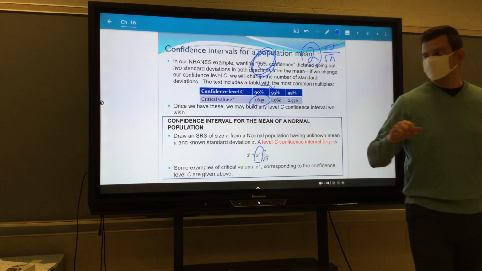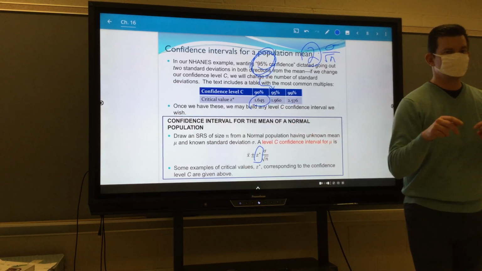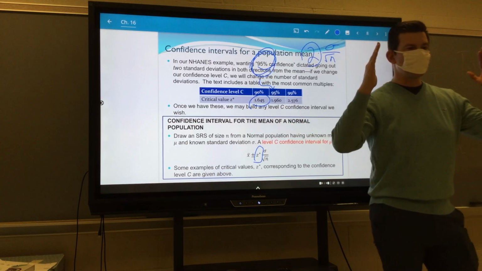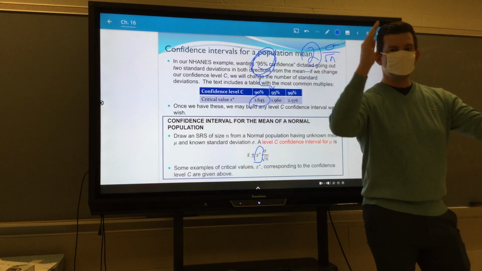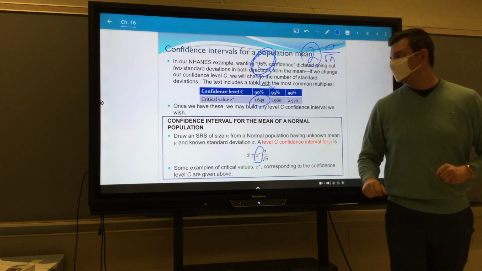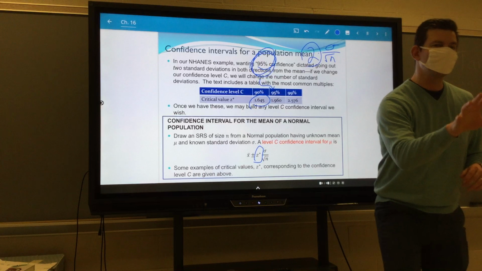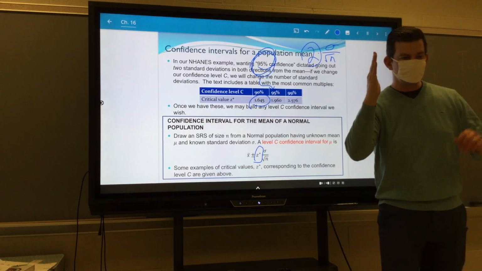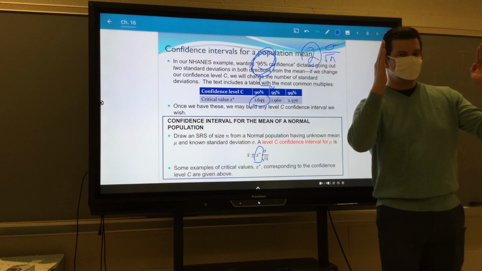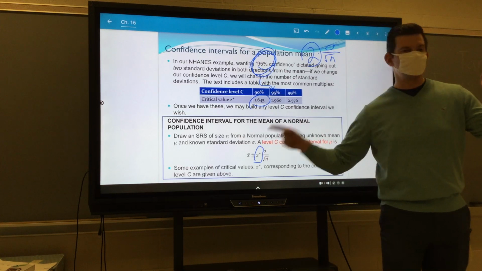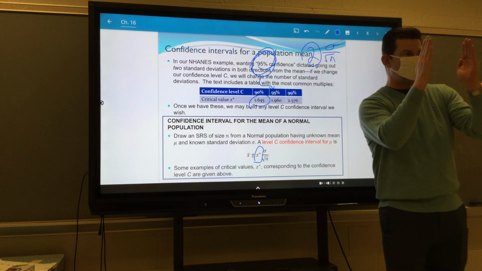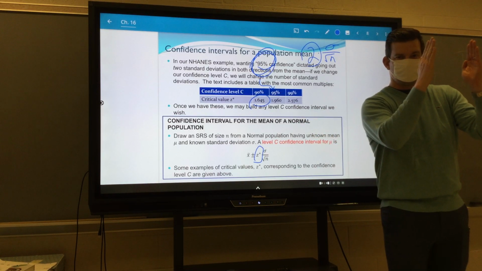So you're lowering the confidence, but that margin of error, okay, what had been from here to here, I'm 95% confident that my actual mean is from here to here. If I have a smaller standard deviation, now I'm zooming in on that a little bit. Okay?